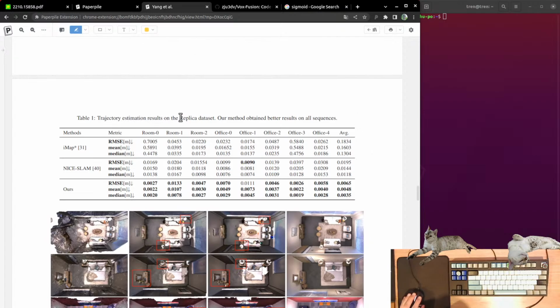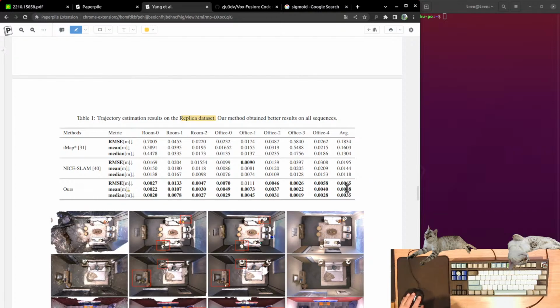Trajectory estimation results on the Replica dataset. Again, you have the poor implementation of IMAP, you have NICE-SLAM, and then you have theirs. You have the different metrics here. I like these. This just means lower is better. So these are the different scenes in Replica.